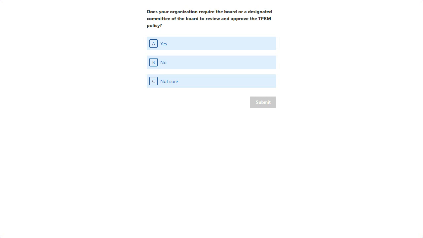Okay. And that question is, we don't really have a separate vendor management policy, but we do have a few sections about vendor management in our IT policy. Do we need to have a separate vendor management policy? Yes, and I'll tell you the reason why. One, if you're in a regulated industry, it is a requirement.